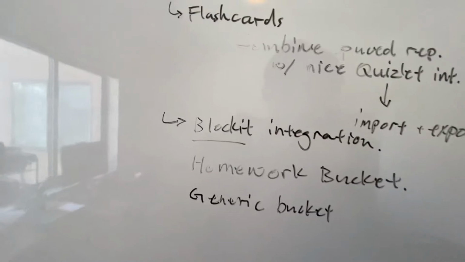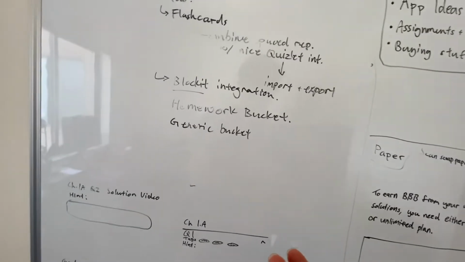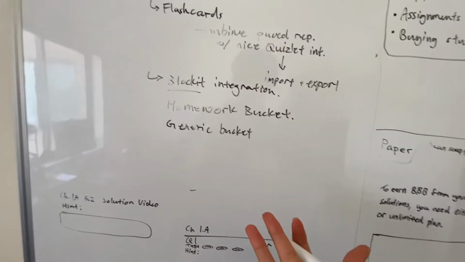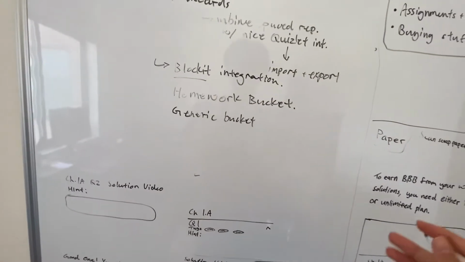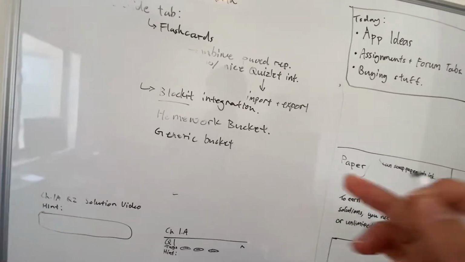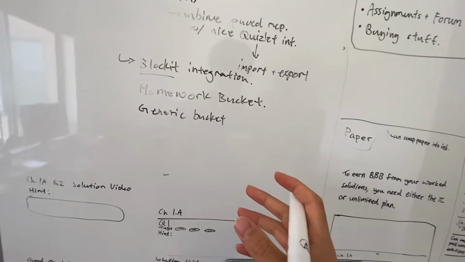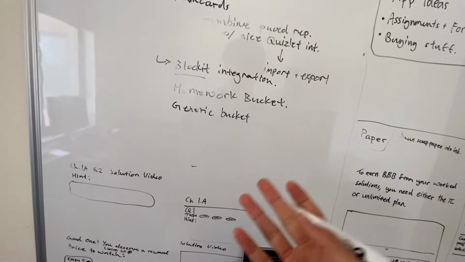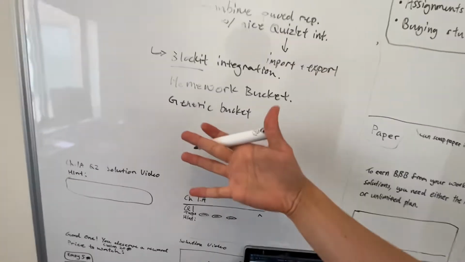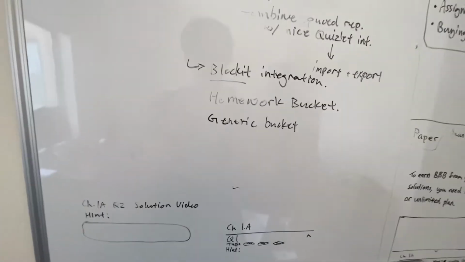A generic bucket where, I don't know if anyone has had this, but it's something I found where you're sitting in class or doing something totally unrelated and you remember a random thing that you needed to do, but you haven't written it down anywhere. And if you don't have anywhere you can write it down, I used to write it down on the palm of my hand or somewhere where I wouldn't forget it again.